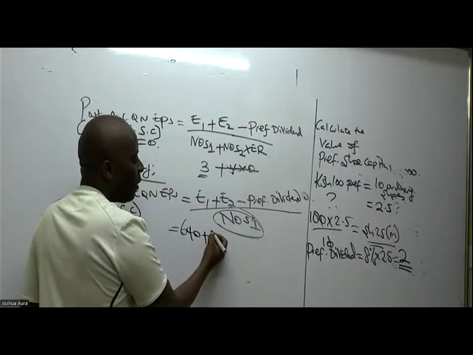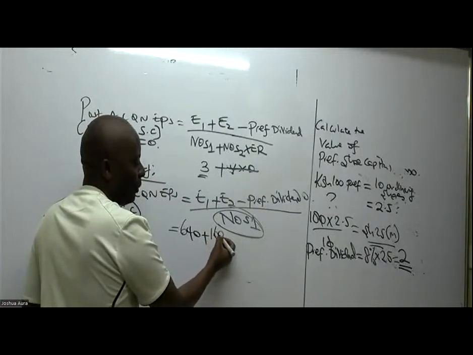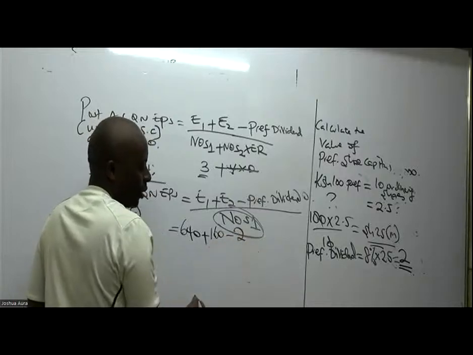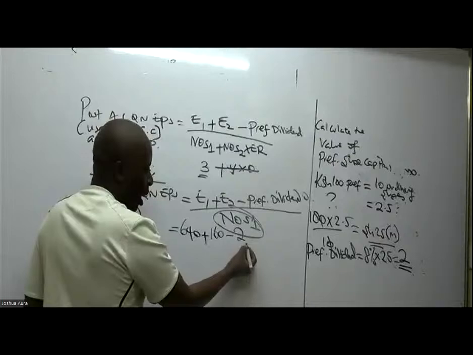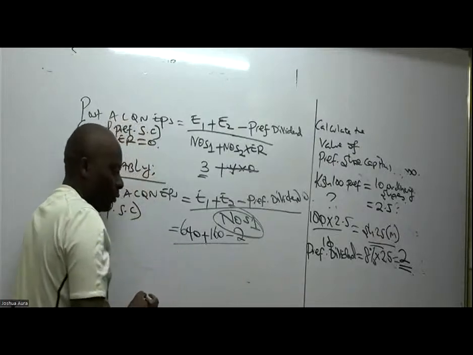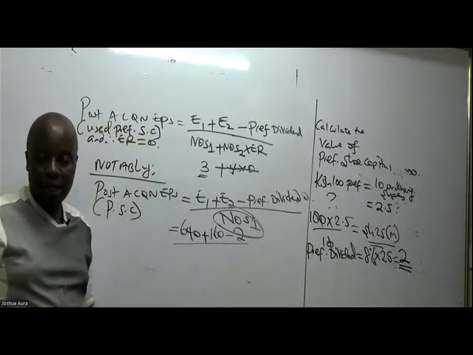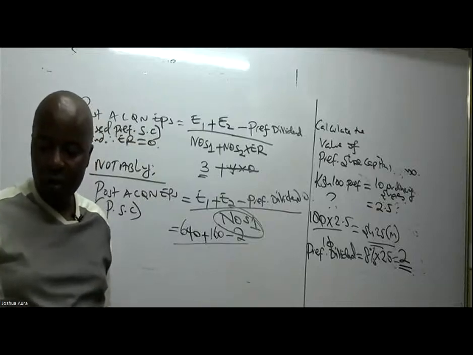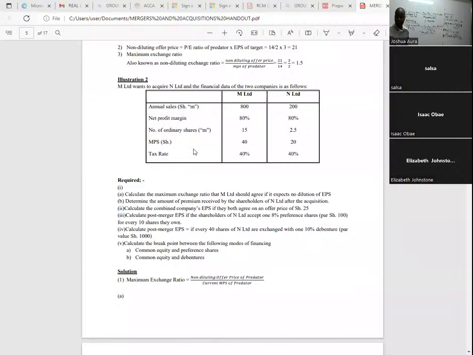We have here a figure of 160 million, and then a preference dividend of 2. How about the number of ordinary shares of the first company, which is company M? You are giving me a figure of 15.